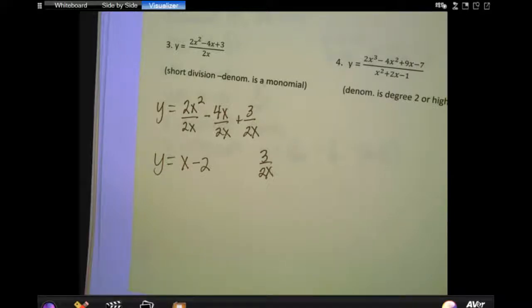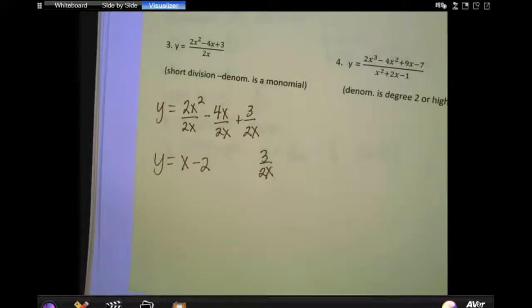This remainder tells me how far away this is from the asymptote. Okay? So, that's what it is. When we found the function, remember we found the function and you came up with the number? This is what this is telling you. It's telling you how far away from this the function actually is.